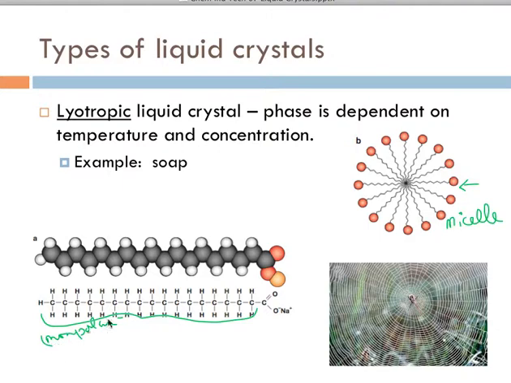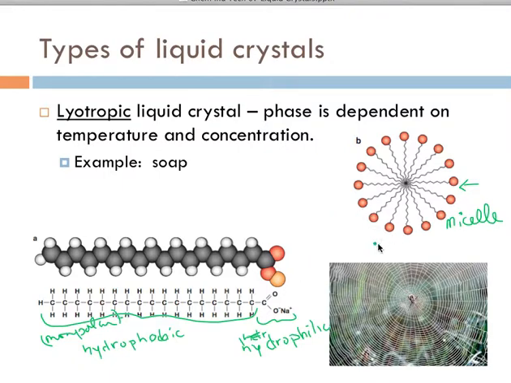Okay, and I use that term loosely because it really is just the hydrophobic part of this liquid crystal. Hydrophobic portion of this liquid crystal molecule, meaning it would not be attracted to water. This part would be the hydrophilic, meaning it would be attracted to water.